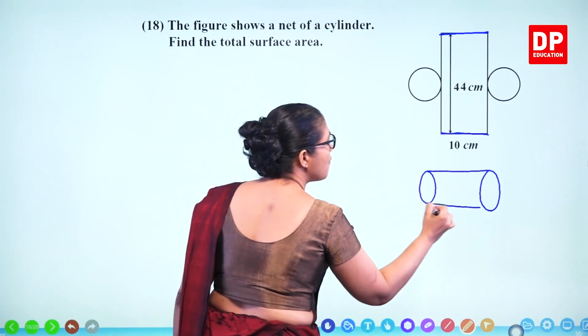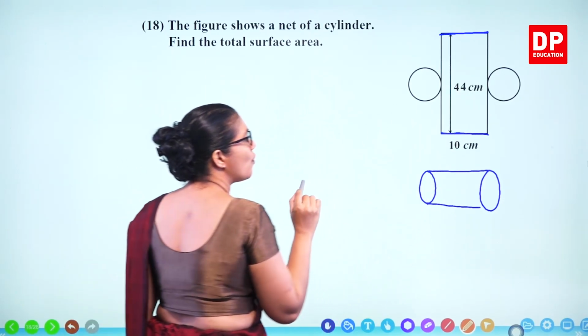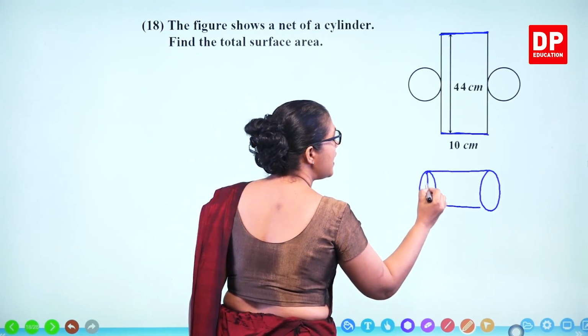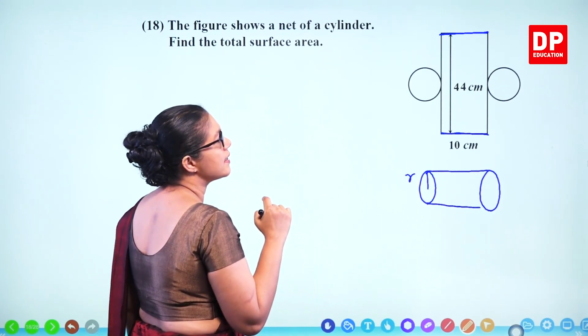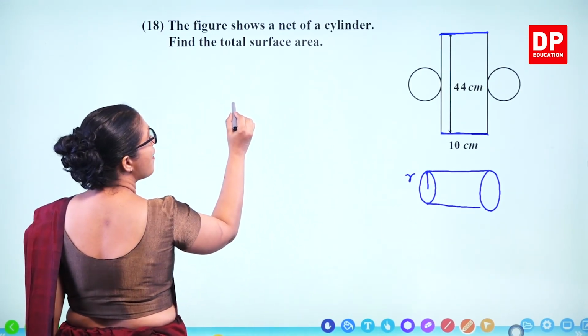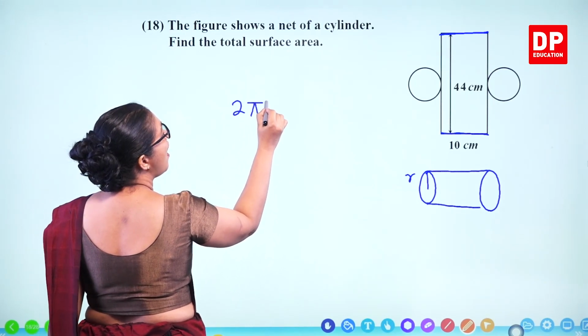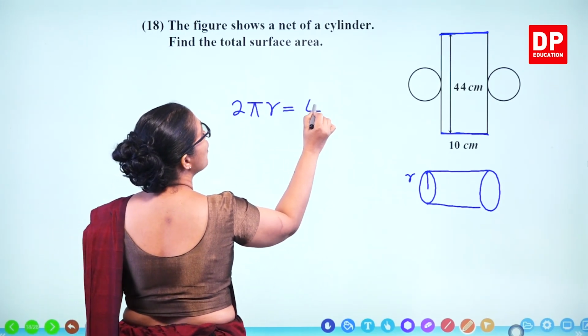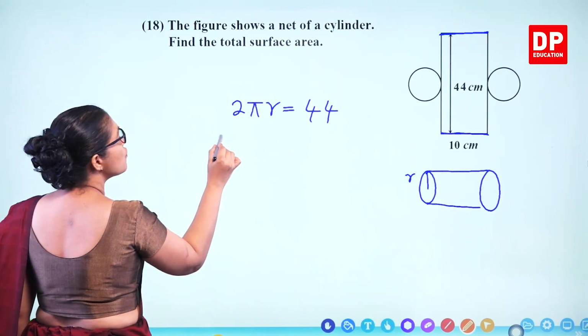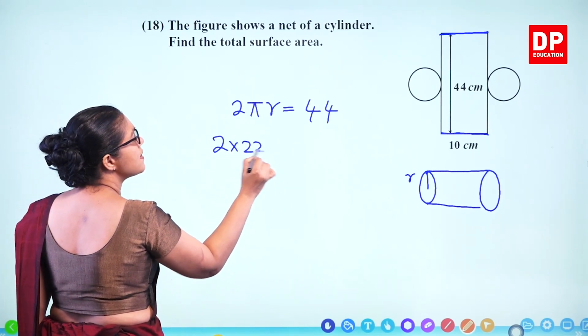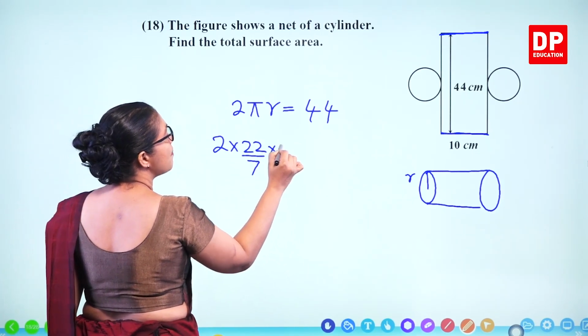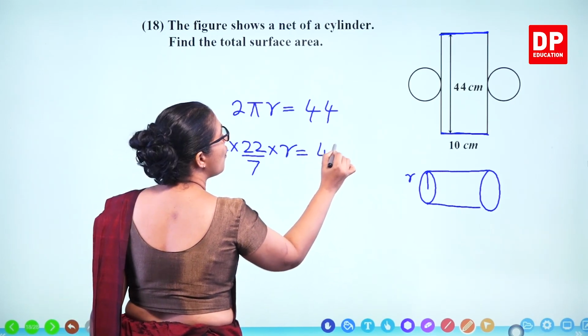So this circumference becomes 44. So you can find out the radius using that. So 2 pi r is equal to 44. So 2 times 22 over 7, taking pi as 22 over 7, is equal to 44.